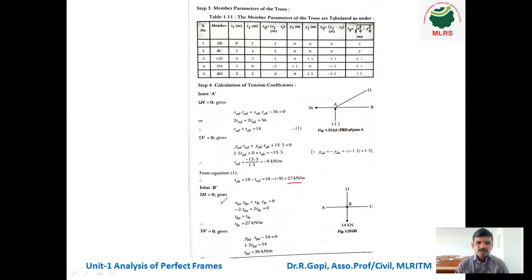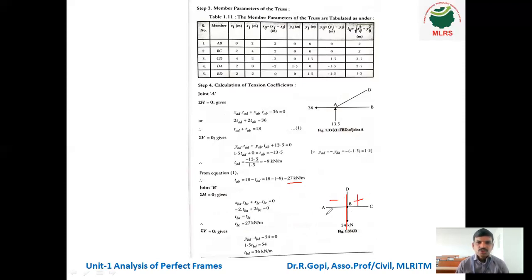Next, summation of H is equal to 0. So XBA, TBA, XBC, TBC equal to 0. So you can see here, if you consider joint B, this is plus value, plus quadrant, this is minus quadrant. Okay, so XBA, TBA plus XBC, TBC.